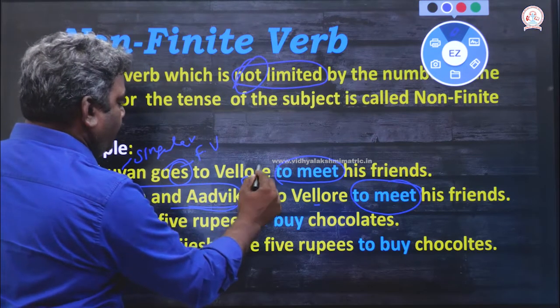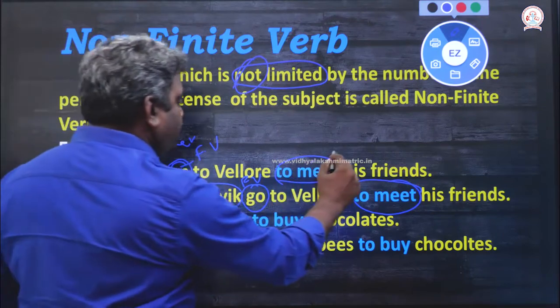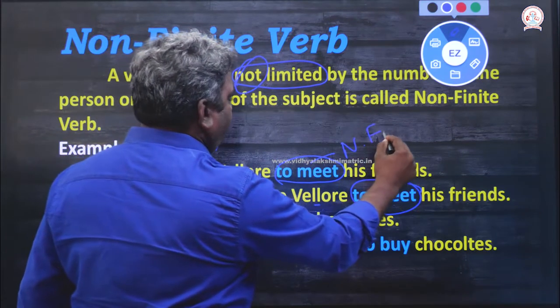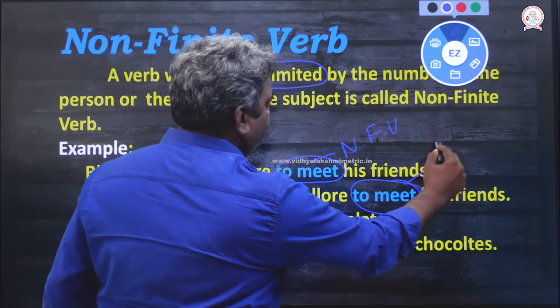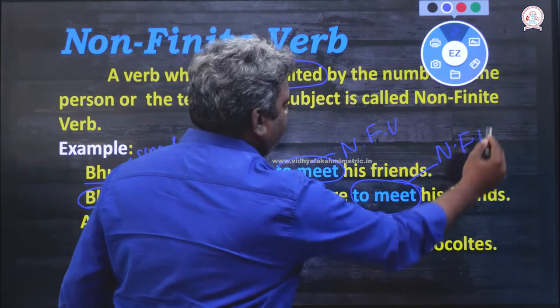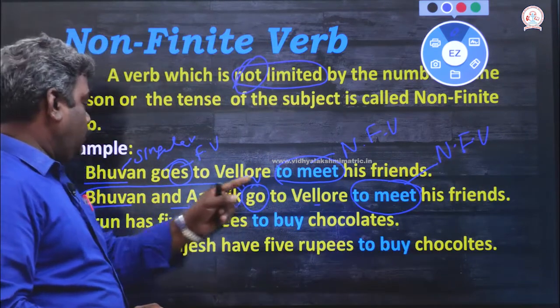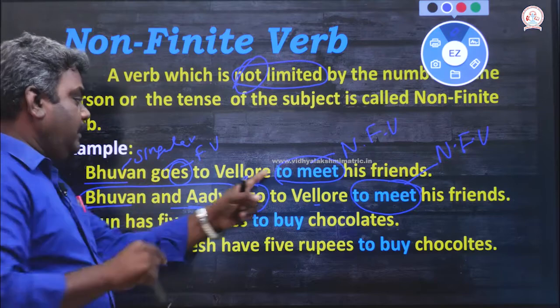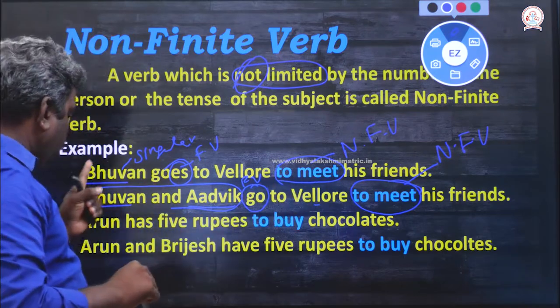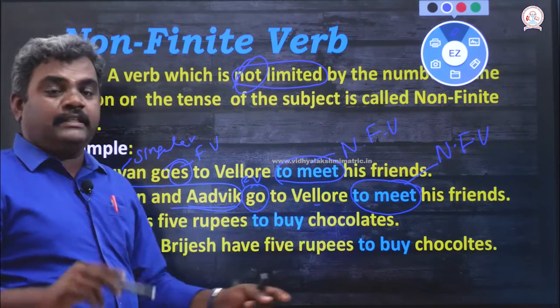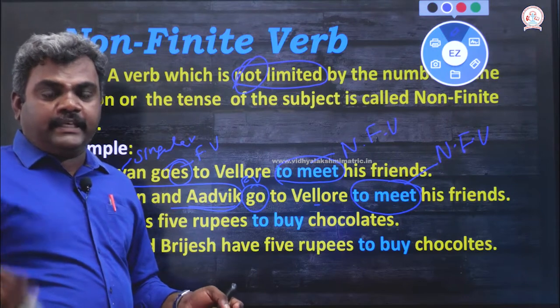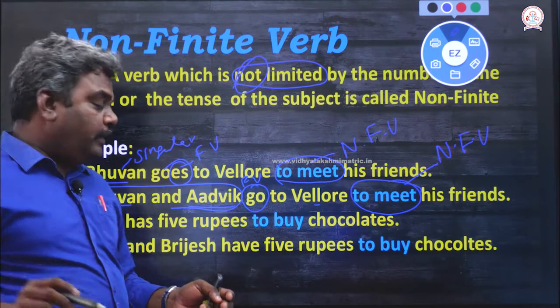This is called finite verb. But this is non-finite verb. Because even though the subject is singular, it says to meet. Even though it's plural, it says to meet. The same. It doesn't mind about the tense, it doesn't mind about singular and plural.